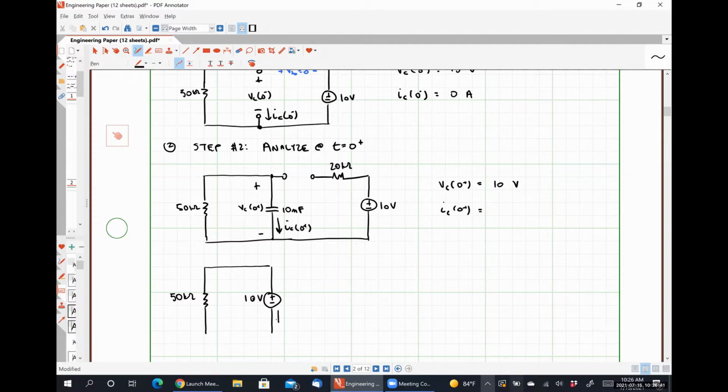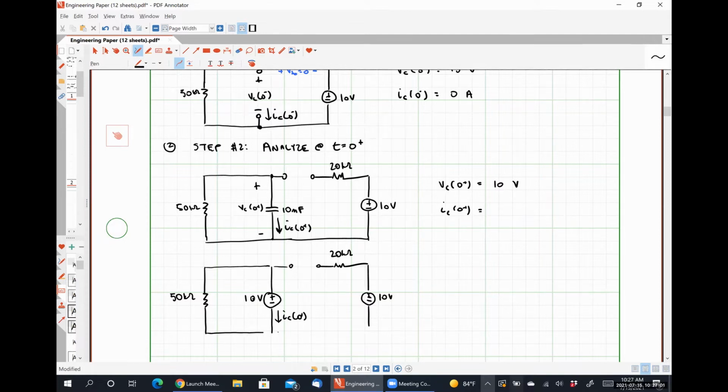I still have my unknown IC at 0 plus that I'm trying to figure out. And the rest of my circuit, so my open circuit with my 20 kilo ohm resistor and 10 volt source, is still over here.